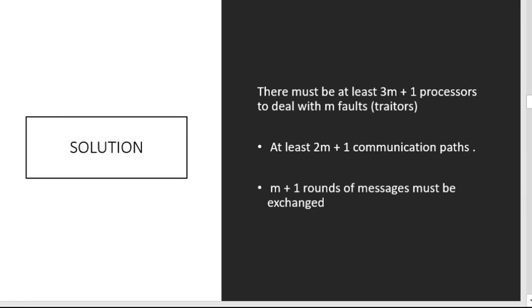That means if there are 4 faulty people, then at least 5 rounds of messages must be exchanged, because otherwise we cannot identify who is loyal and who is a traitor.